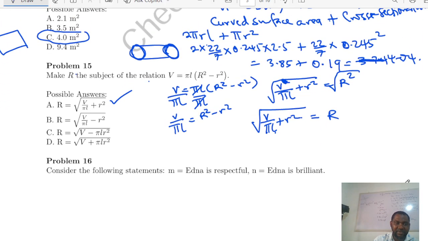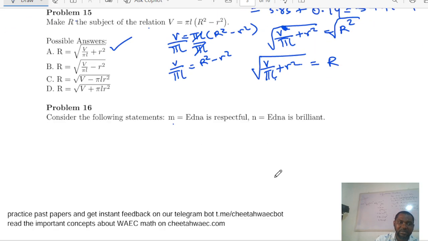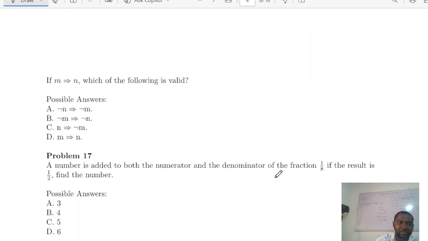Very interesting. Okay, so now this one says, consider the following statements. M: Edna is respectful. N: Edna is brilliant. And M implies N. Which of the following is valid? That's a very important question for us to note.